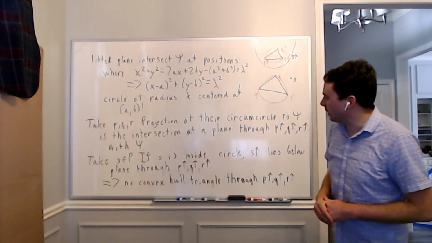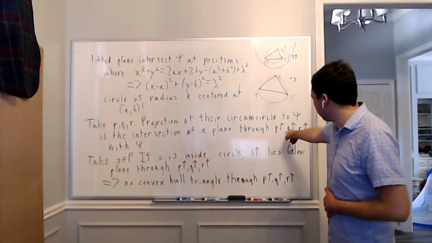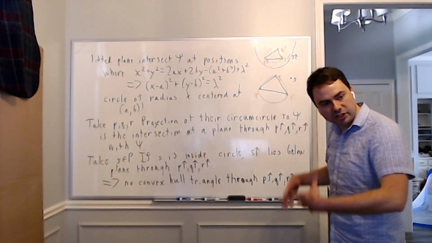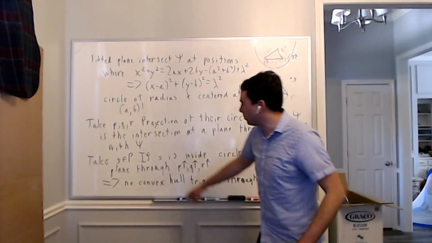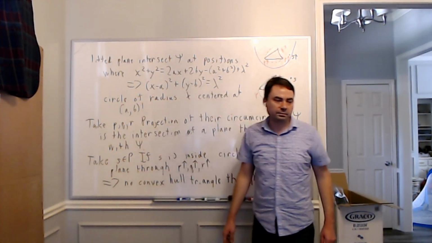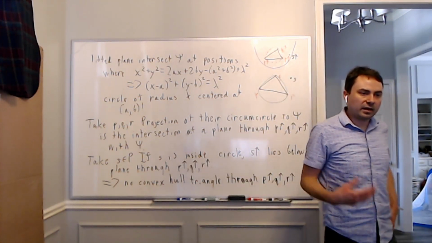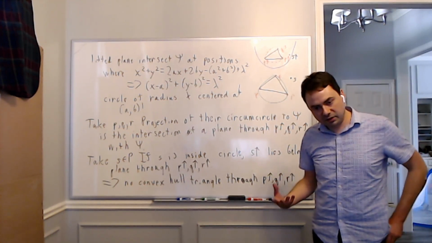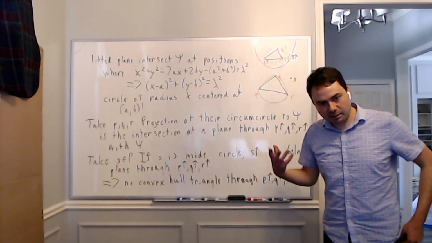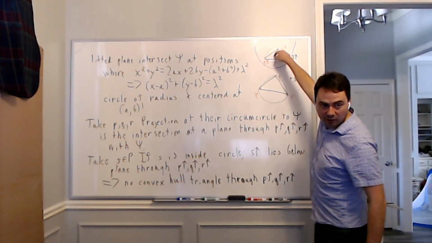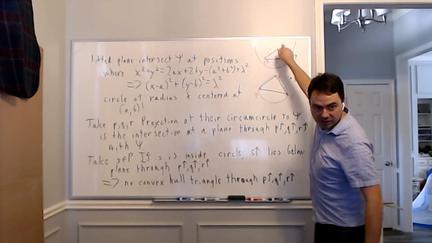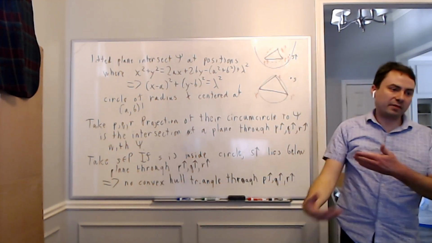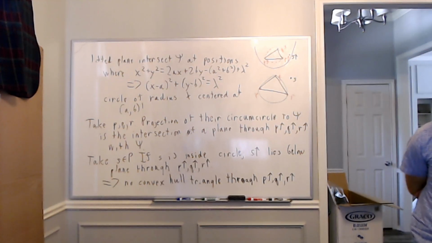The intersection of the plane through P up, Q up, and R up projects down to the circle through P, Q, and R. S is going to be on the inside of the circle if and only if S up lies on the part of the paraboloid interior to this intersection, which means S would have to lie below that plane.